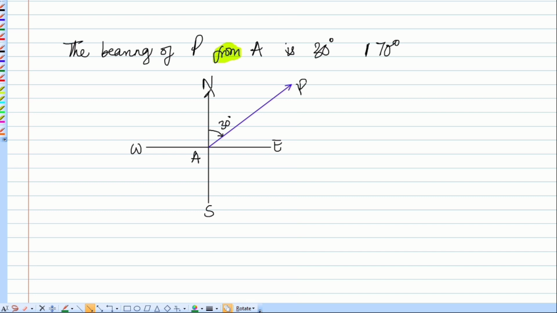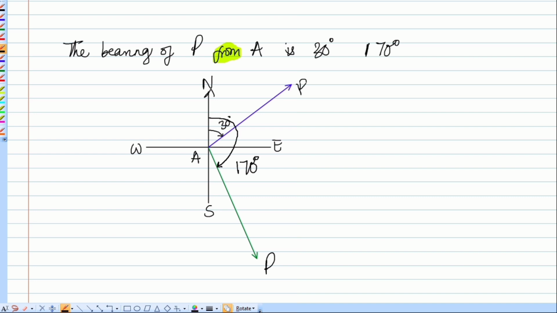So 170 degrees should be in the southeast direction. Something like this. Remember, from the north, we have turned to this green line, 170 degrees. It's not exactly 180, because if it's 180, we are going to go exactly in the south direction. But 170. So this is where we are going to locate P if the bearing is 170 degrees.